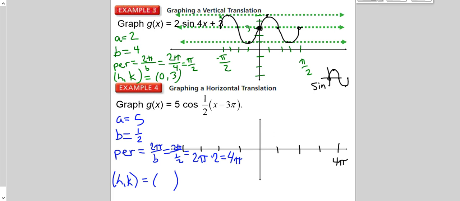What's HK? What's our horizontal shift? 3 pi. And our K, how far up or down did it move? It did not. So we don't have to draw our midline because our midline did not change.